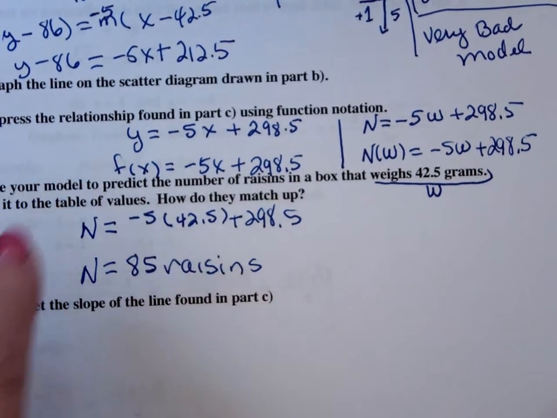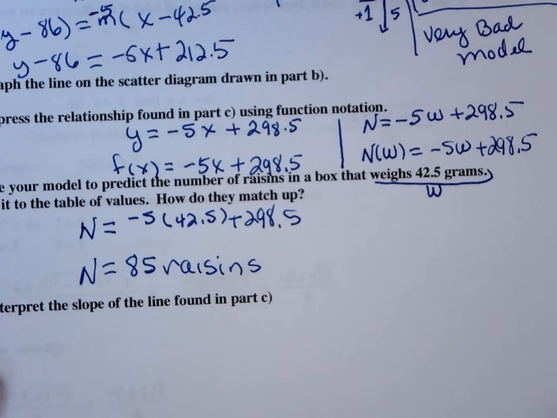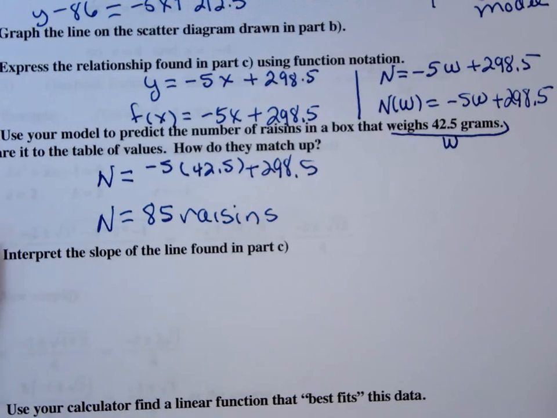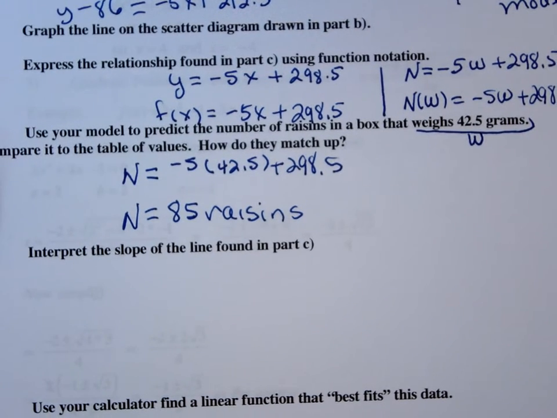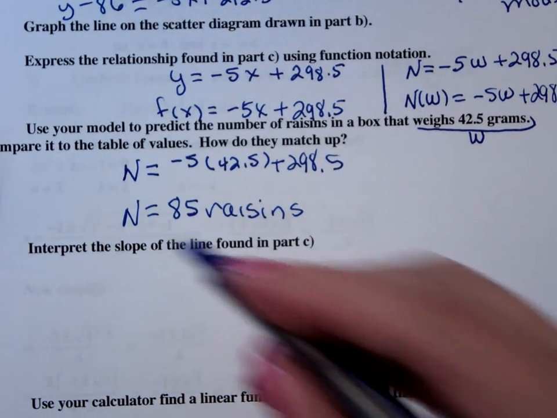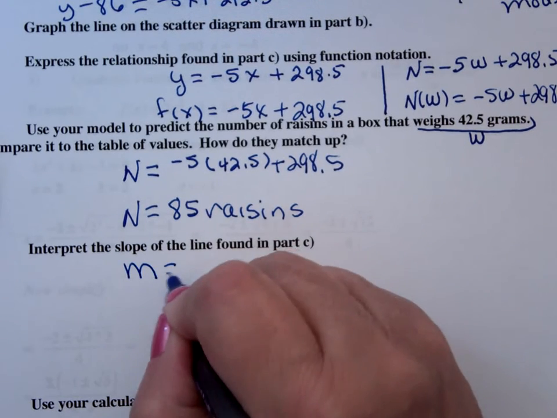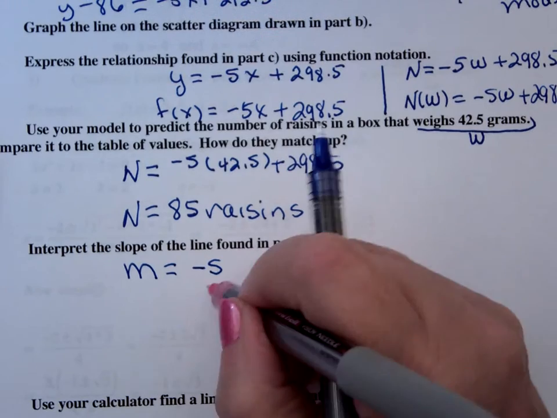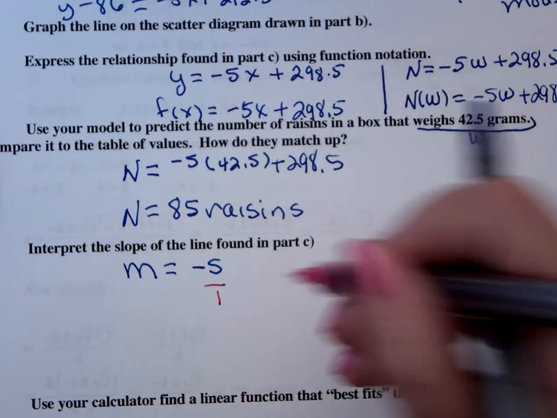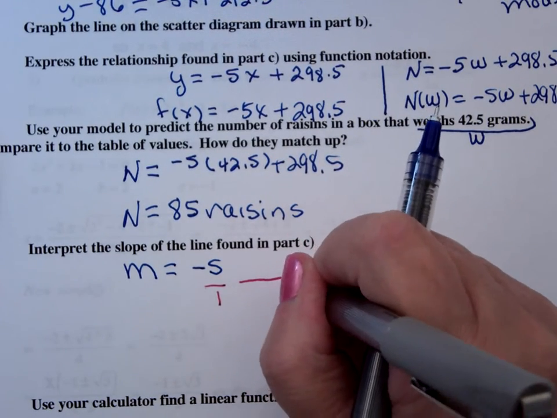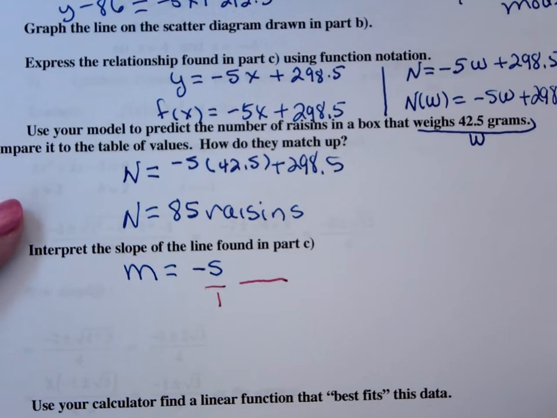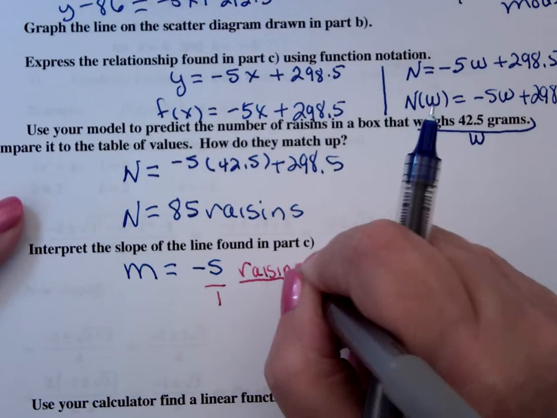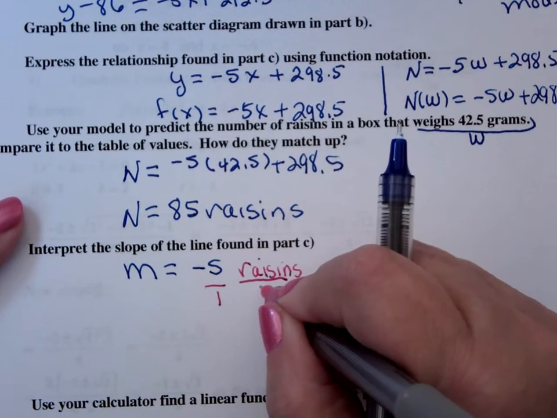And then we're going to interpret the slope found in part C. Well, that lousy slope, so we know that M is -5, which is -5 over 1. I always find it helpful when I have to interpret as I put the units in. The Y is in raisins, and the X is in grams.